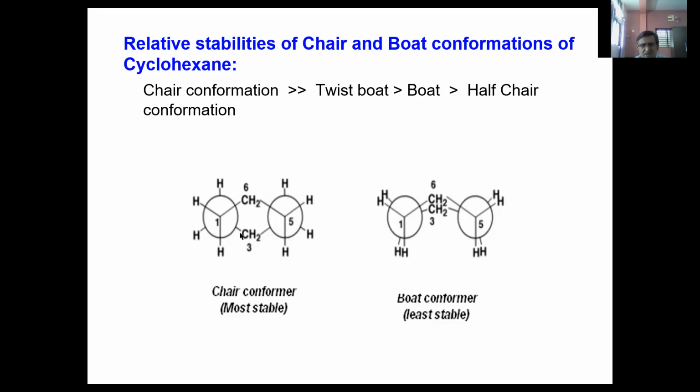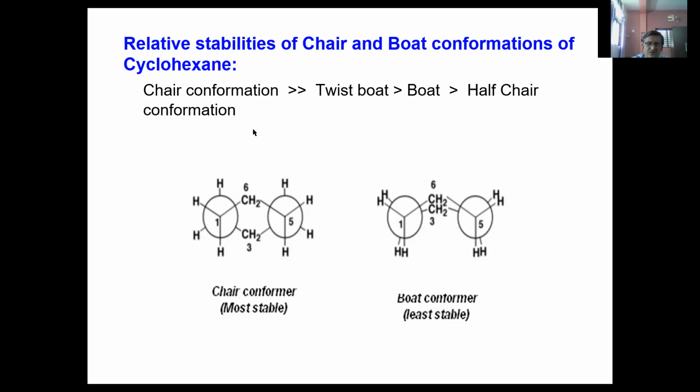That's why it is more stable. In the boat, each and every bond, irrespective of position, is in the eclipsed form, so it is the least stable. When we count the relative stabilities of the chair and boat conformations of cyclohexane, this indicates chair is more stable than twist boat, boat and half chair conformations.